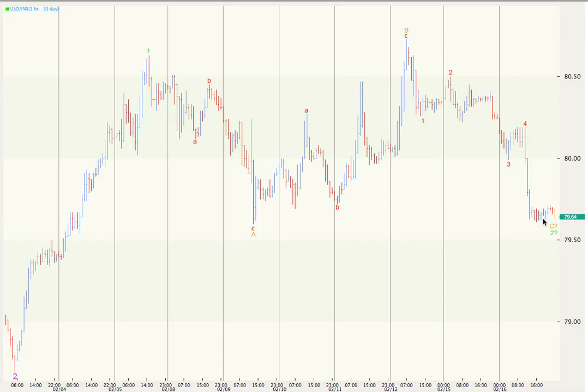Although at this stage where it's sitting now is very much at the 50% retracement level, around 79.7, wave C is now equal to the length of wave A. It could end here, although an expanded flat does call for a further leg down. So it remains to be seen.